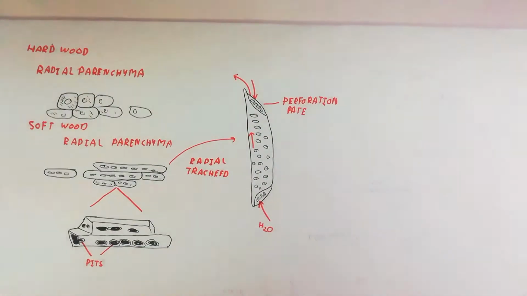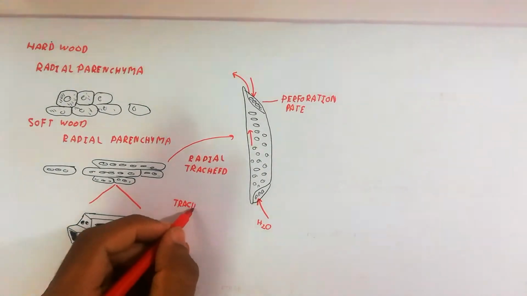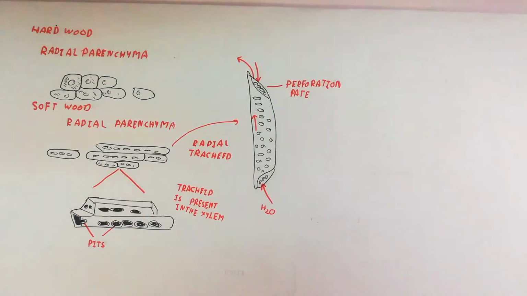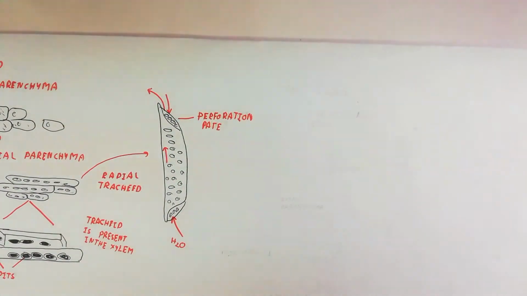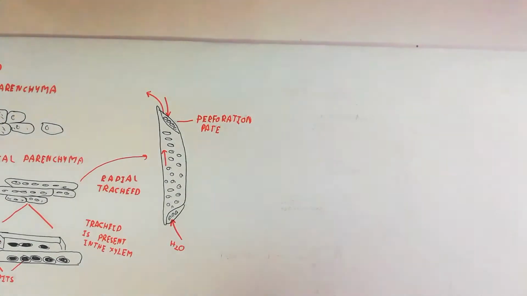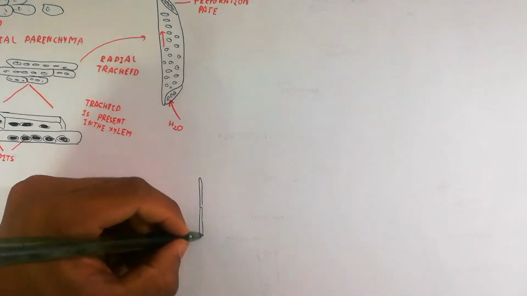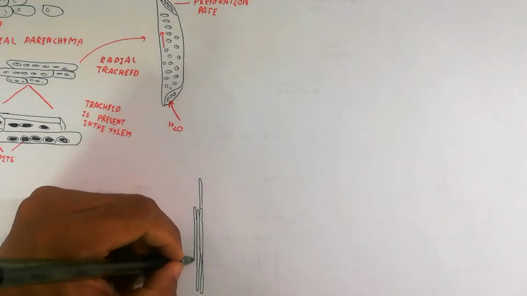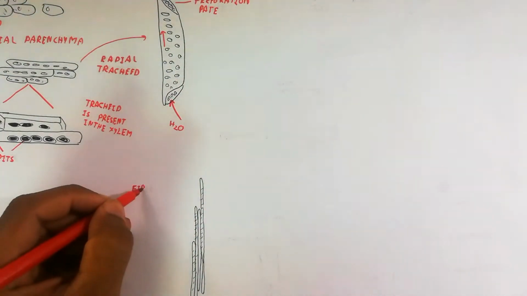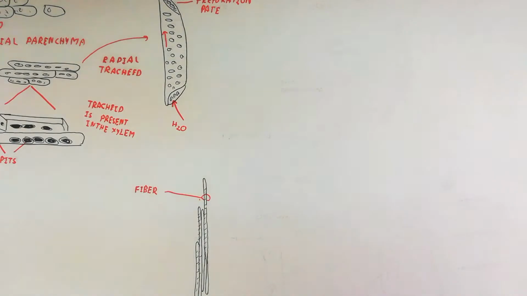Here the radial tracheid has a perforation plate, used for the conduction of water. So the tracheid present in the xylem is used for water conduction, and this type of structure in the xylem is used for water conduction.